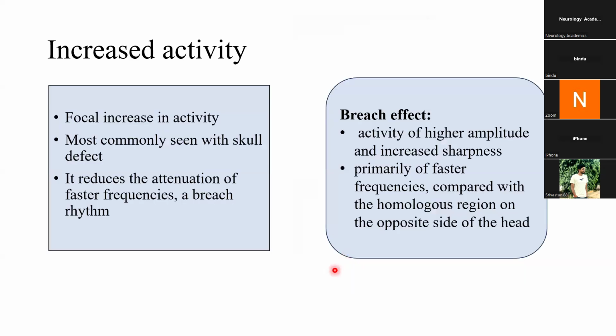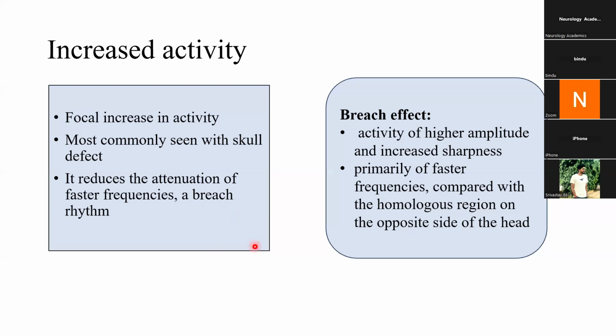So asymmetry we will consider mainly asymmetry of increased activity, that there is a focal increase in the activity which is most commonly seen with the skull defect. This reduces the attenuation of faster frequency, so it is called a breach rhythm.